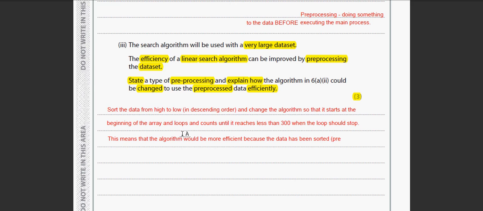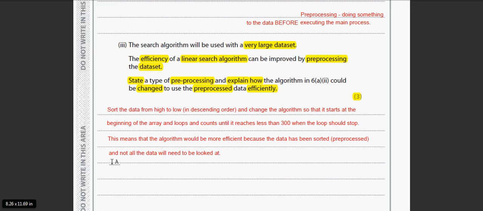I'm going to put pre-processed in brackets to show I've read the question. This means that the algorithm will be more efficient because the data has been sorted, pre-processed, and not all the data will need to be looked at.